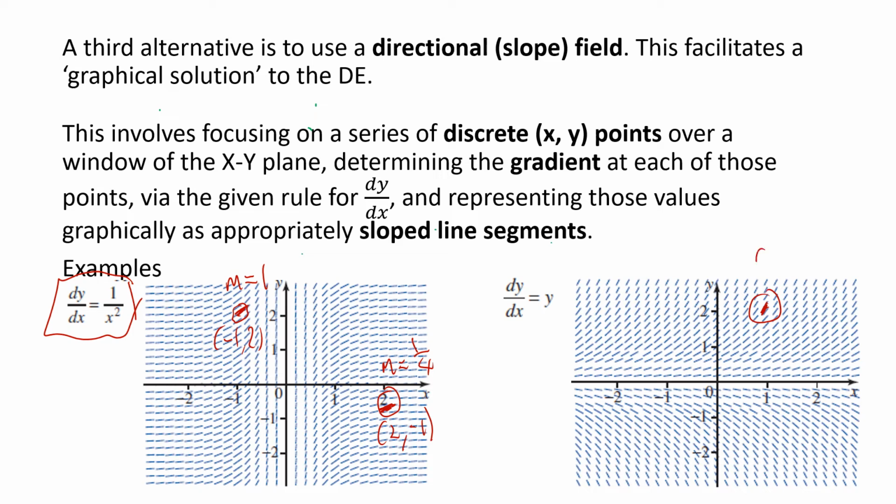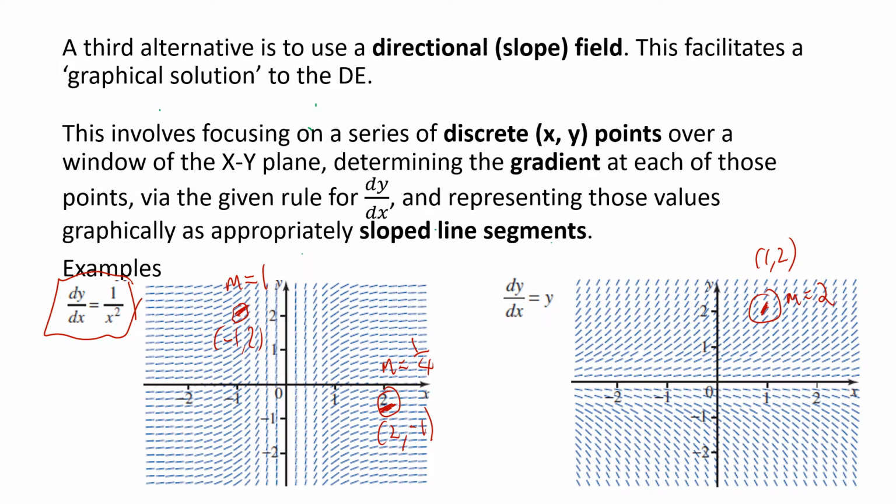If I substitute x equals 1, y equals 2 into the rule, it's in terms of y only, that's representing a steepness of 2. So when I replace y with 2, I get a steepness of 2.